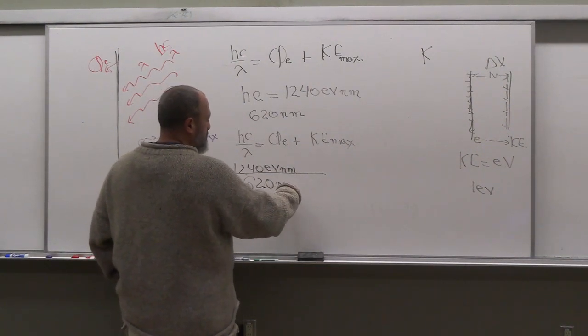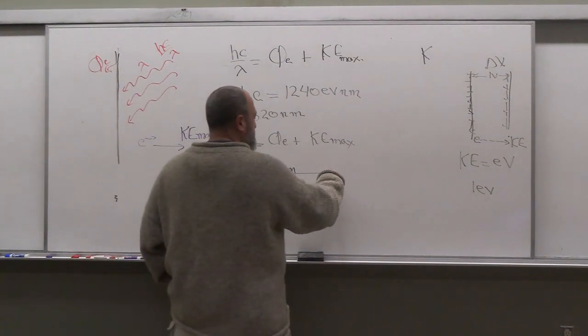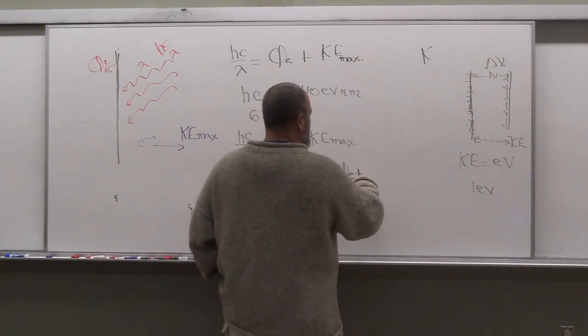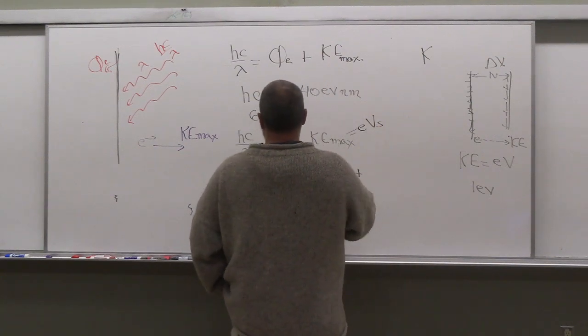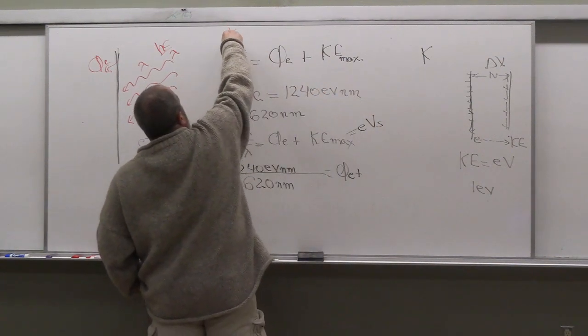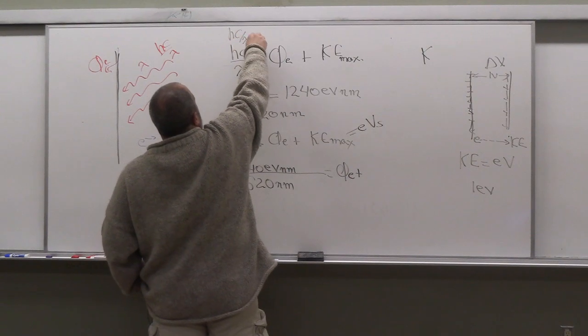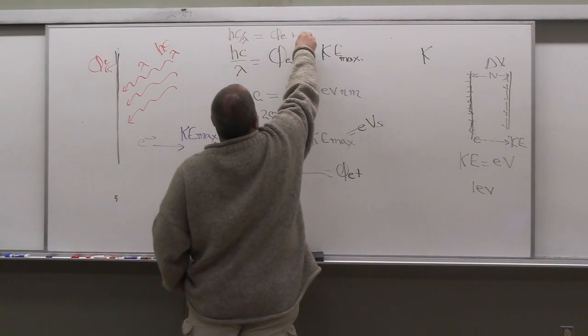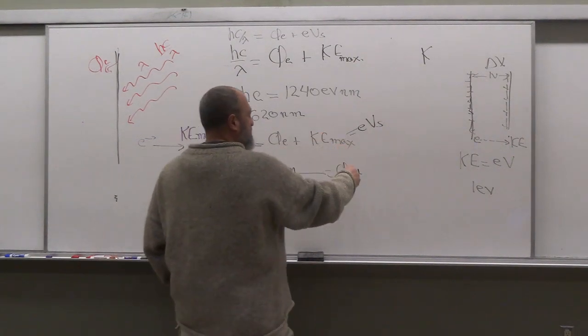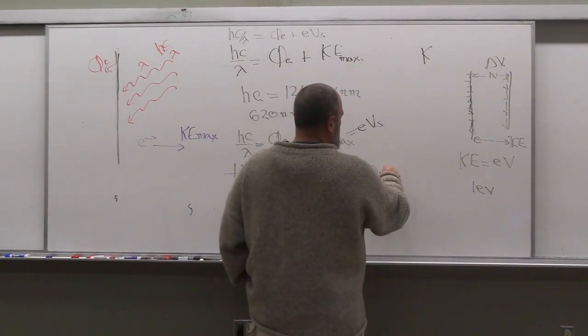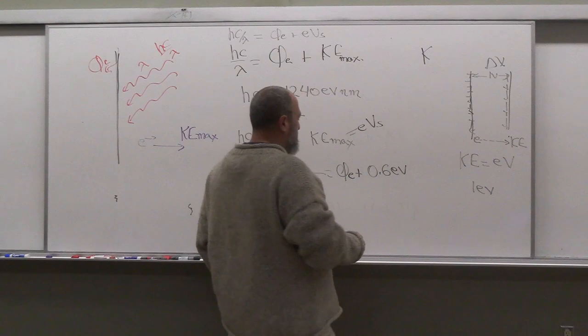You see why I chose 620 now. KE max is the same as eV stop, so this equation can be written as hc over lambda equal to phi electric plus eV stop. KE max is 0.6 eV.